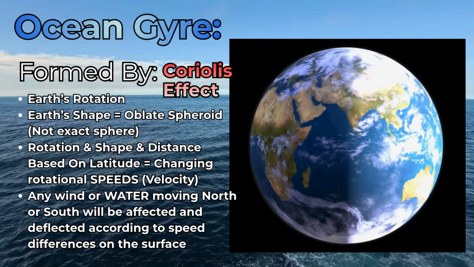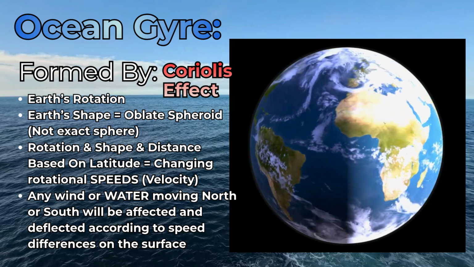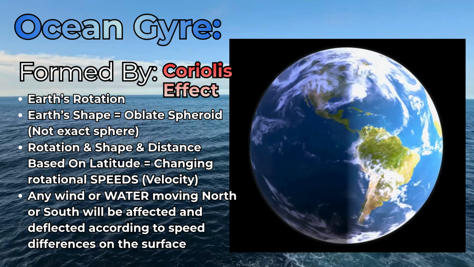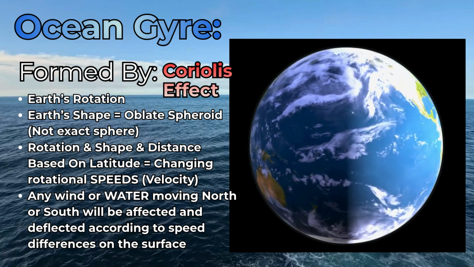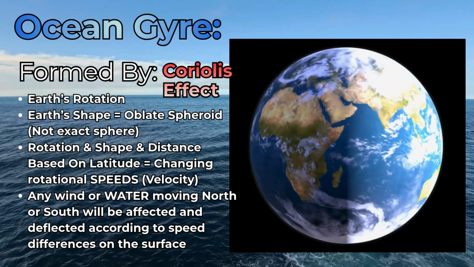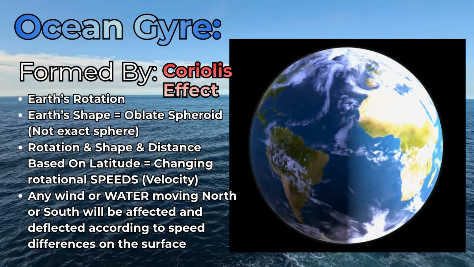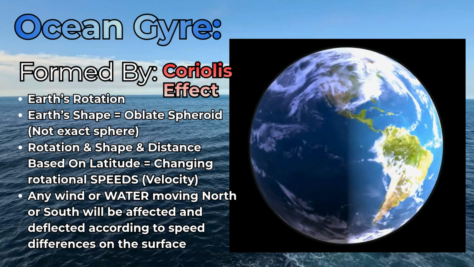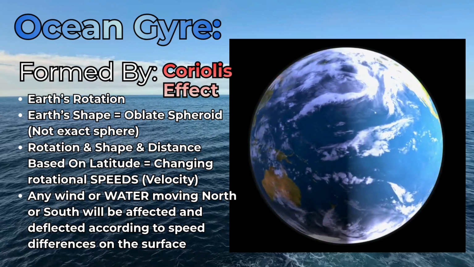Now, you add on to that the Coriolis Effect, which is the rotation of the Earth on the axis, which is going to have an effect on the liquid and gases, so the atmosphere and the ocean, in terms of the way these states of matter, both gas and liquid, are going to be deflected based on the location.